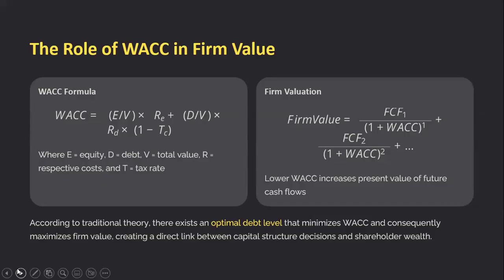Please remember this formula, you need it for understanding traditional. As per this, if my weighted cost of capital is lower, then my income will be more and I have optimum firm value.